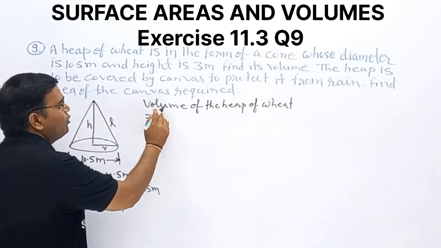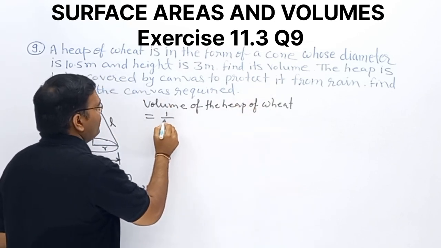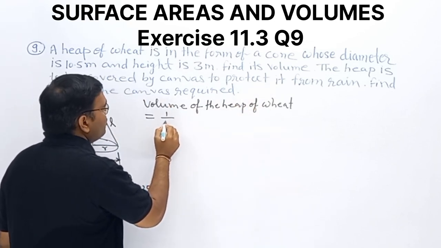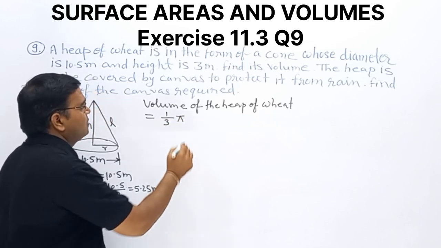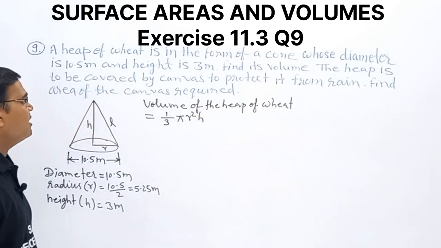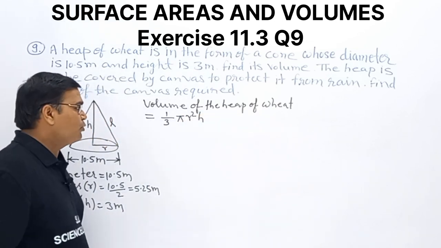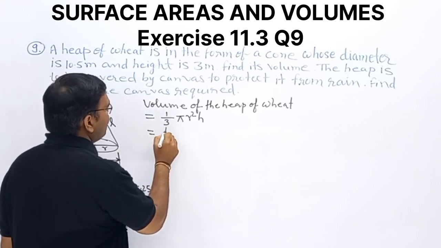So we can say the volume of the heap of wheat will be the volume of a cone, and the volume of a cone is 1/3 pi r square h. R and h, both we are having in the question. Put these values in the formula.